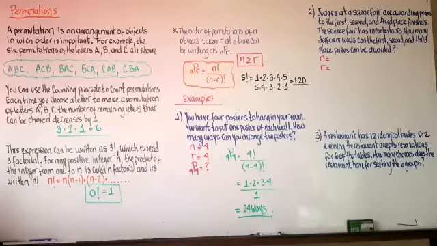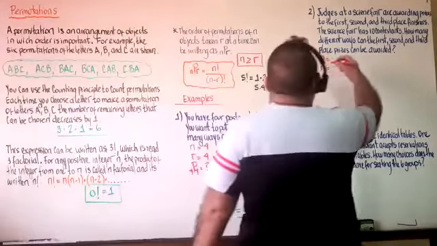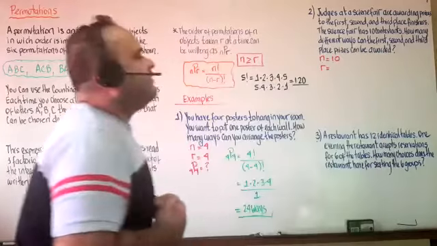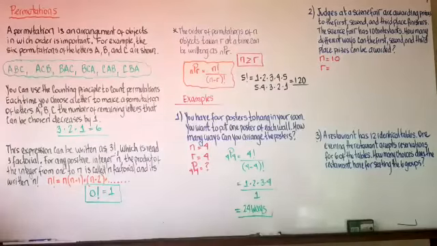What could be the letter n? 10. Exactly, because we have the total number of contestants. Excellent, the letter n will be 10. Perfect. And the r value will be, what do you think? 3. Exactly. Why 3?